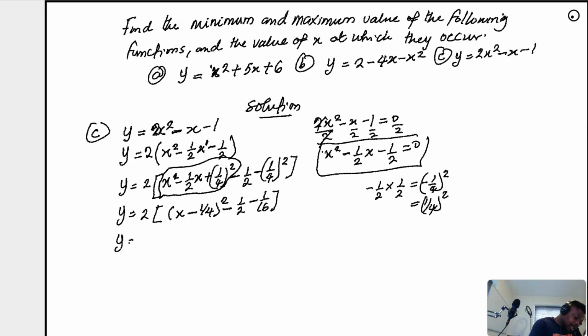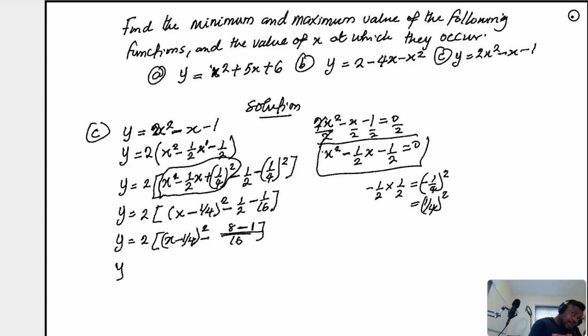Okay, so you have minus 1 over 2 minus 1 over 16. In that case I have x minus 1 over 4 squared. LCM is 16, so this is 8 here, 1, that is 8, this is 1.